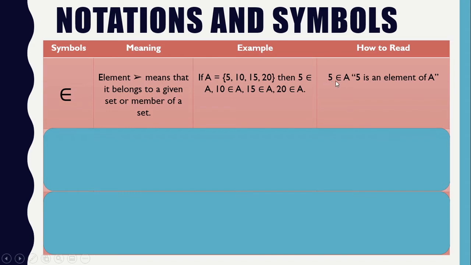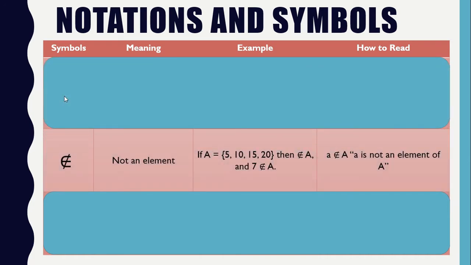How to read? 5 is an element of A. Here we also have 10 is an element of A, 15 is an element of A, and 20 is an element of A. So, when using this letter E symbol, it says that the element belongs to a certain set. That is our first symbol. Okay. Next.